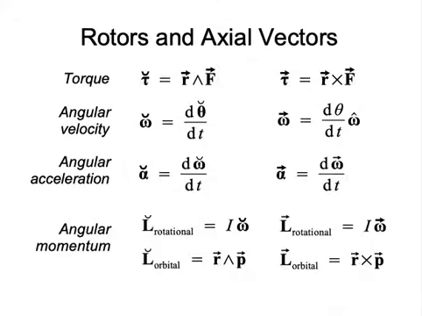For each rotor, there is an axial vector that is the dual of it. We've seen torque in both rotor and vector representations, as well as angular momentum. Other rotor axial vector pairs are angular velocity.